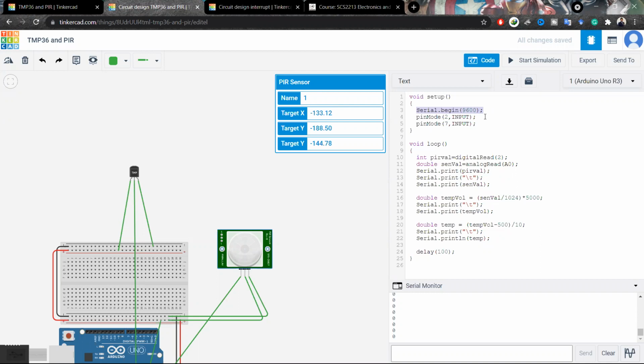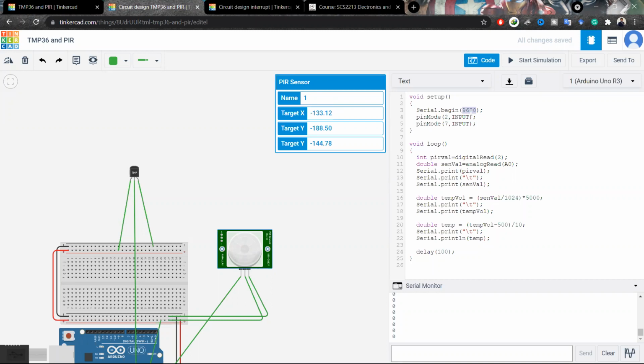This number defines the number of bits it can transmit per second. If you need higher speed, or if you have bulky data, you can go with a higher number. That depends on the scenario. But keep in mind, if you are communicating between 2 or 3 Arduino boards, you have to come up with the same common baud rate.